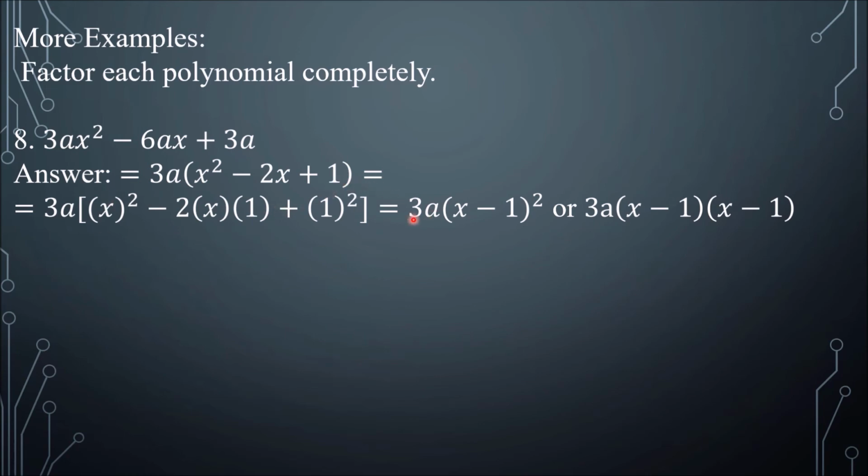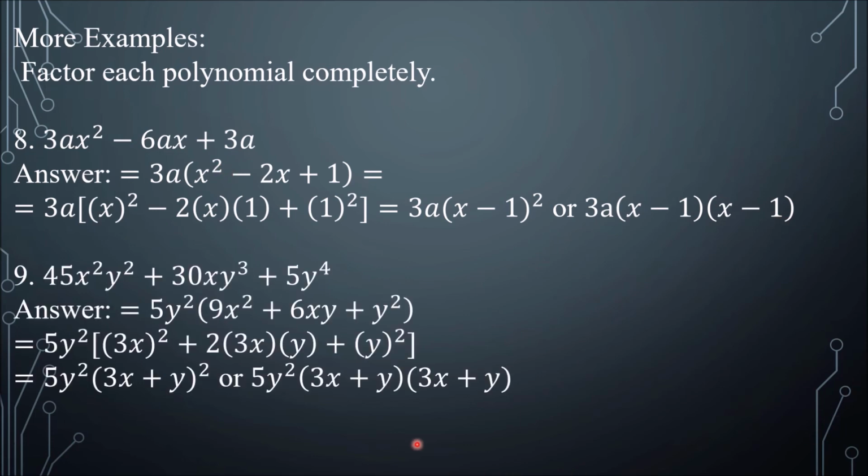Simplifying this, we have 3a, first term is x, then minus, the last term is 1, so 1. So 3a times x minus 1 squared, or 3a times x minus 1 times x minus 1. That's the factored form of number 8.